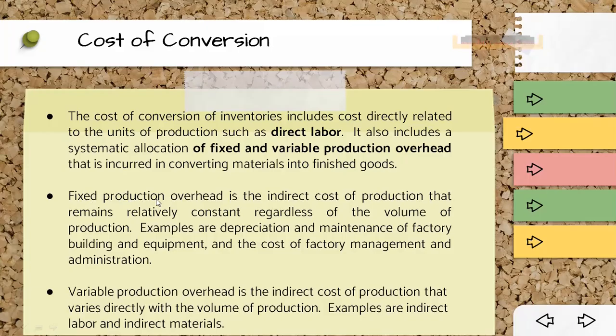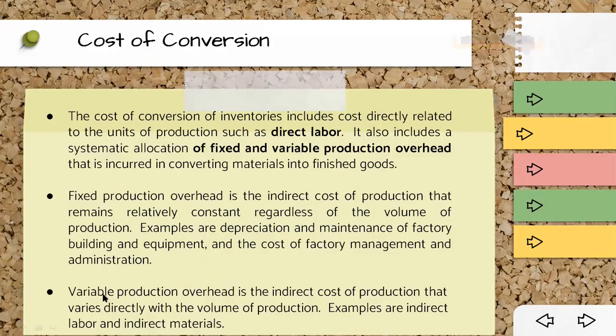So, pag fixed production overhead, these are indirect cost of production that remains relatively constant regardless of the volume of the production. Kaya nga tawag fixed siya kasi whatever is the level of production, the amount is the same. So examples are depreciation and maintenance of factory building and equipment, the cost of factory management and administration.